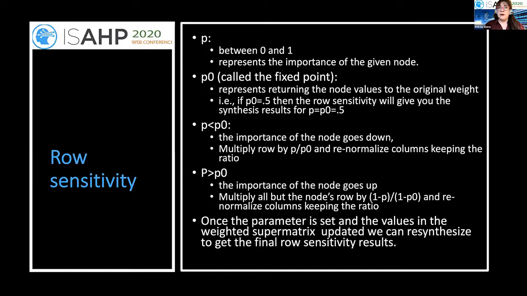While when P is larger than P0, then the importance of the node goes up, and what we do is to multiply all the rows except the one that corresponds to the node that we are focusing on by 1 minus P over 1 minus P0. And then we renormalize the columns, keeping the ratio.